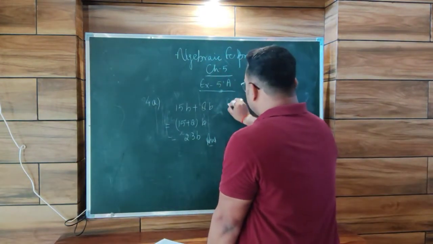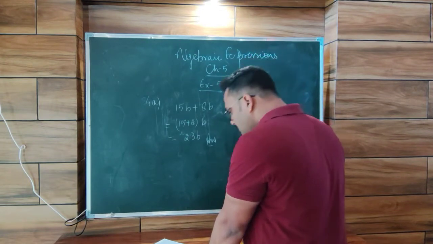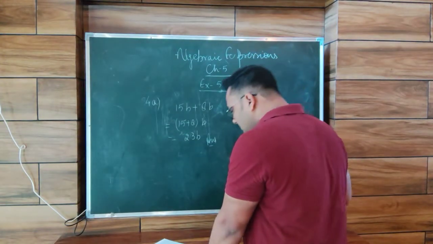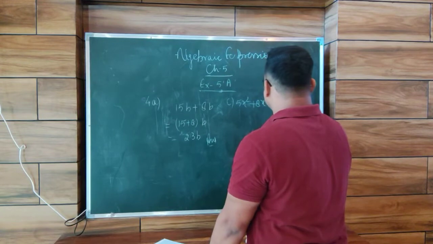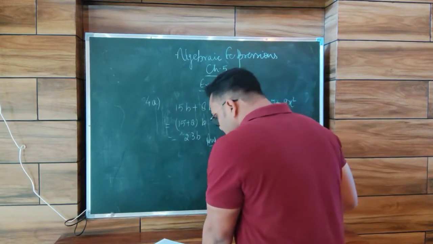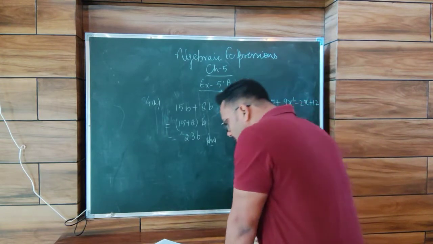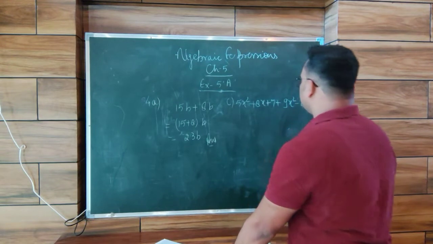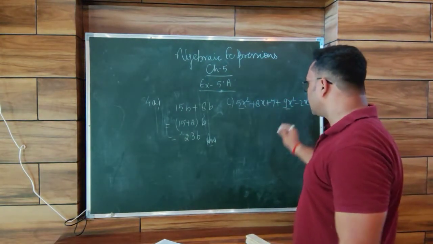C part. 5x square plus 8x plus 7 plus 9x square minus 2x minus 12. So first of all we have to identify the like terms: 5x square and 9x square.